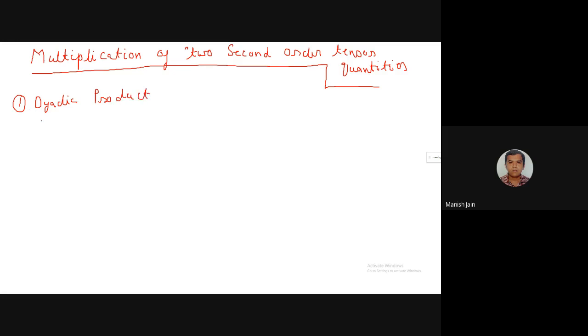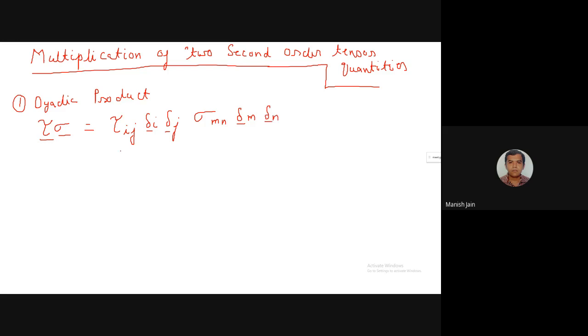So when you take the dyadic product of the two second order tensor quantities, you will end up with a fourth order tensor quantity. So just I am solving this. This will become tau ij del i del j sigma mn del m del n.